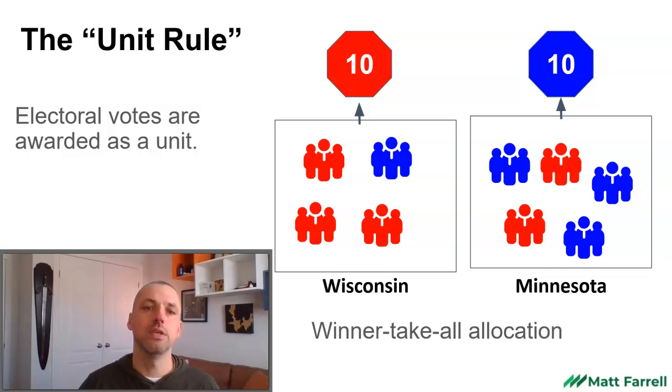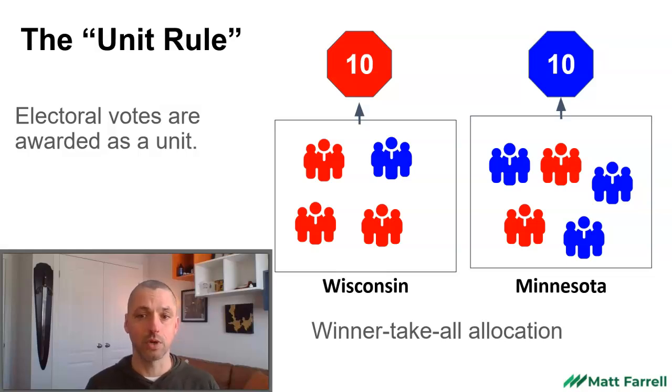Here's how the unit rule works. The electoral votes are awarded as a unit. So in a state like Wisconsin worth 10 electoral votes and Minnesota worth 10 electoral votes, each state has an election, they count up the votes, and whichever candidate gets the most votes, that person gets awarded the 10 points, the 10 electoral college votes.